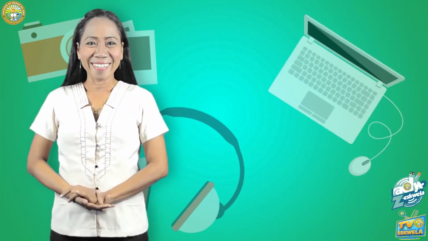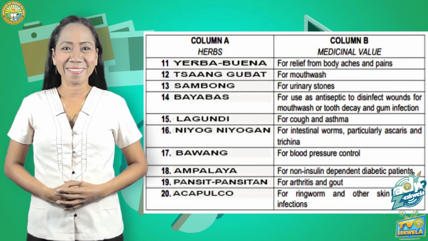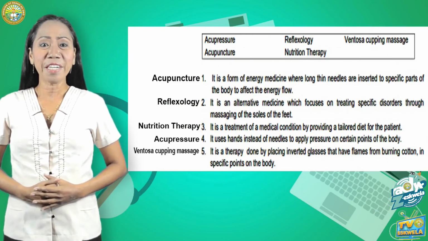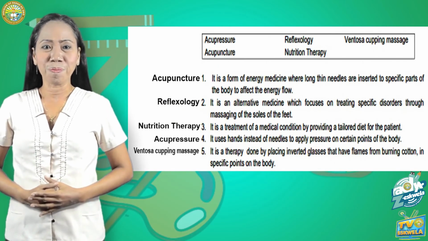You did a very good job right there. Before we end, let us find out the answers to your assessment. Let's see if you got all the answers to the different questions. For part 1, the answers are the following. Here are the answers for part 2.